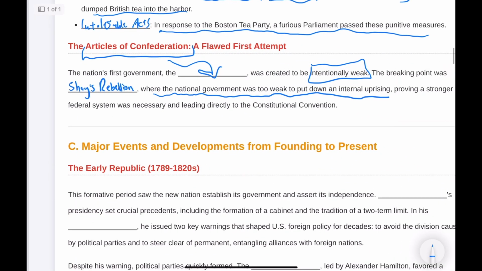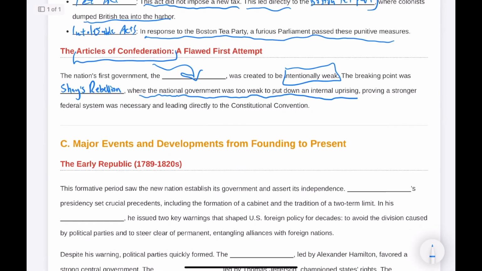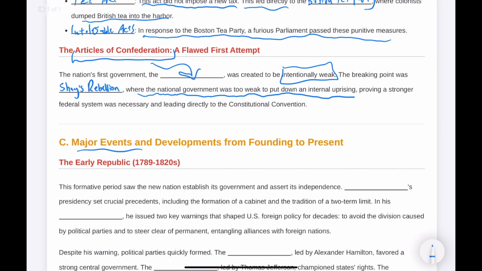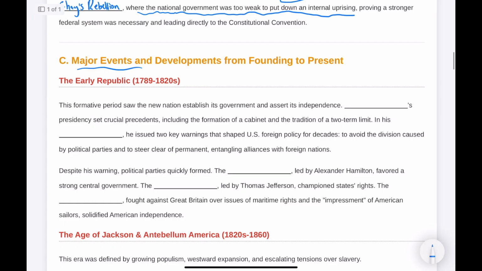All right. So let's go ahead with the major events now, from the founding to the present, starting with the early republic. Here we go. This formative period saw the new nation establish its government and assert its independence.